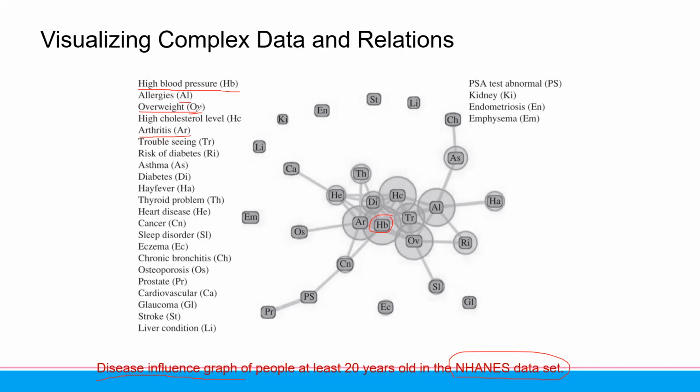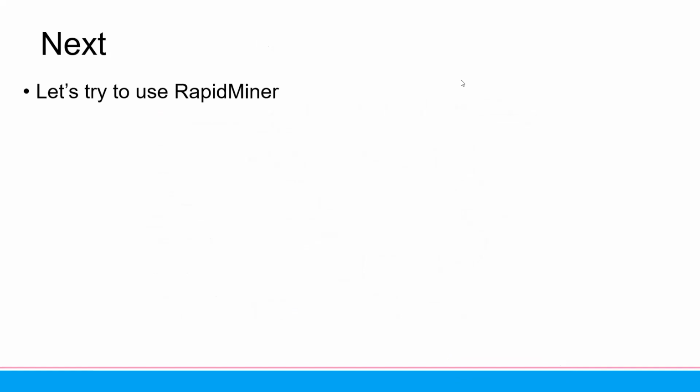Then you can easily see how they are correlated if we have all the data, and this visualization can directly give you the patterns or relationships among the diseases. I will use RapidMiner a little bit later to show some of the visualization.